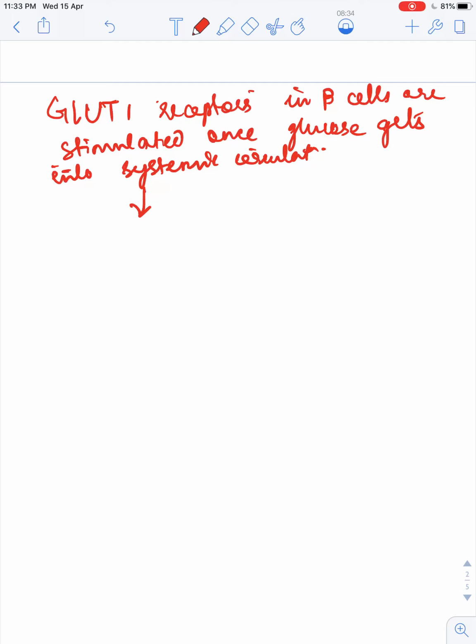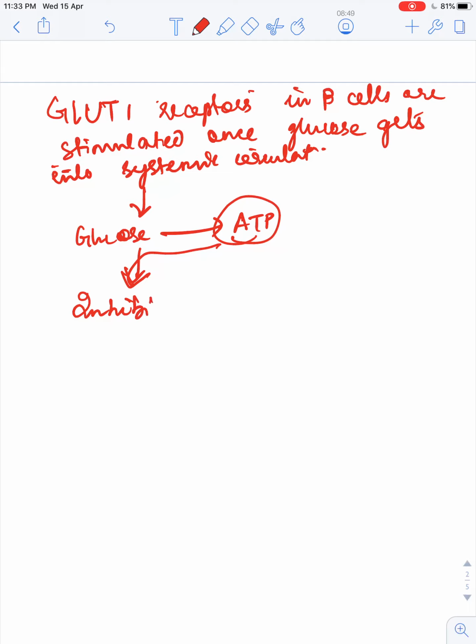This glucose is taken up and metabolized to ATP. This ATP, which is formed, inhibits the ATP sensitive potassium channels.